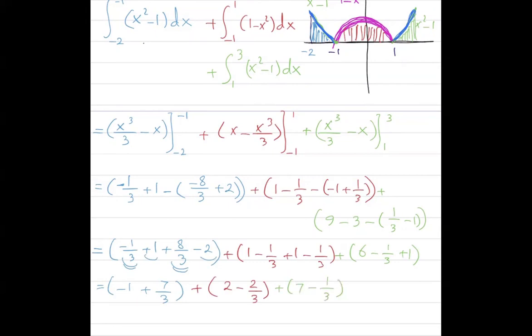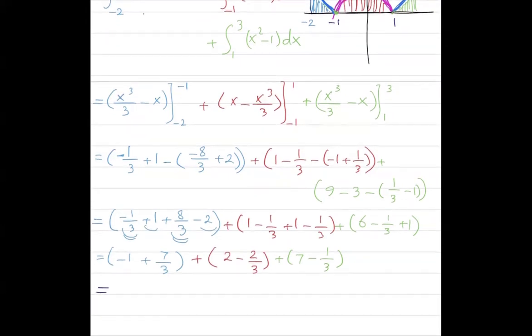So let's see if we can combine anything else. Here you have -1 plus 2, which is 1, plus 7, which is 8. And here you have 7 over 3 minus 2/3, which is 5 over 3. 5 over 3 minus a third becomes 4 over 3.